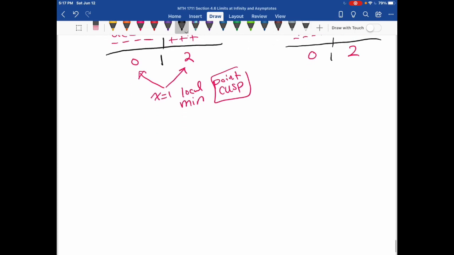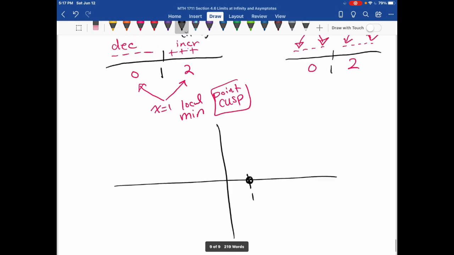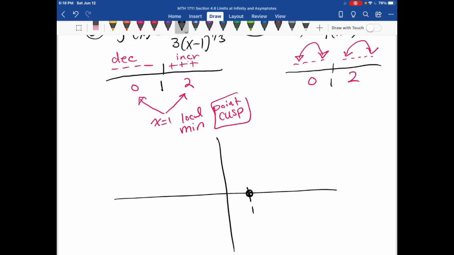So now when we put this all together, at x equals 1, we know there's a local minimum. We also know there's going to be a point or a cusp. If it was coming to a point, my lines would be straight. Since it's concave down on negative infinity up to 1, and then from 1 to positive infinity, I know it's going to probably look something like this.